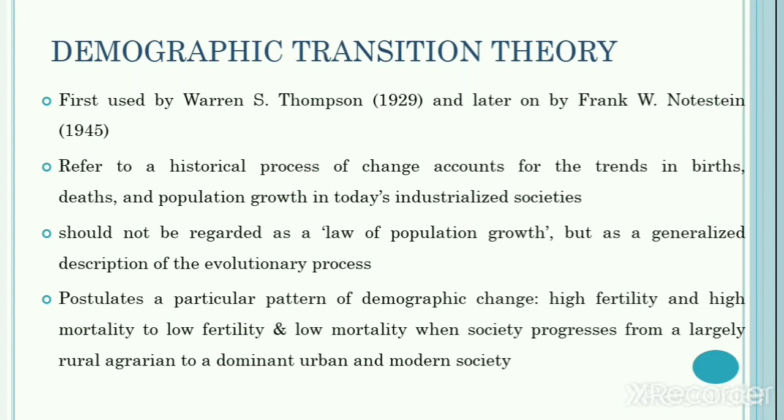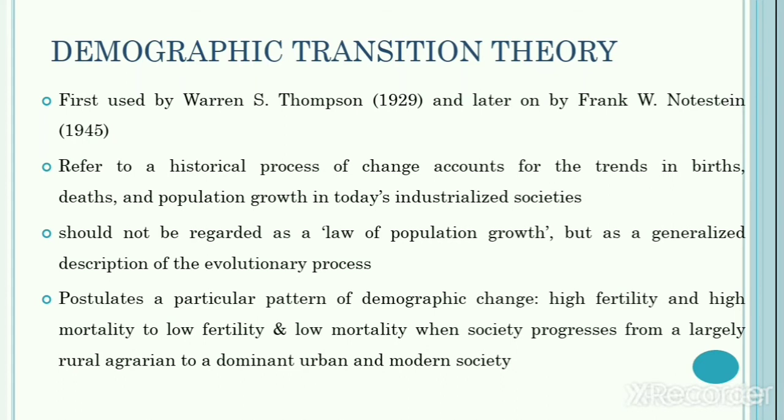The term demographic transition was first used by Warren Thompson in the year 1929 and later by Frank Notestein in 1945. The term refers to a historical process of change which accounts for the trend in births, deaths, and population growth that occurred in today's industrialized societies, especially those of Europe.